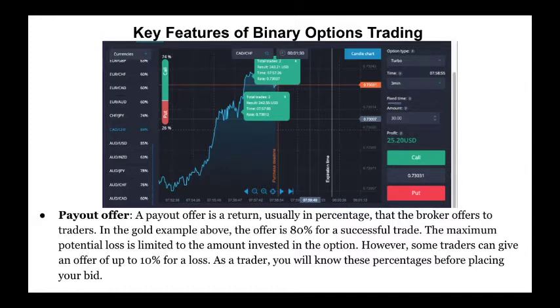The maximum potential loss is limited to the amount invested in that option. However, some brokers can give an offer of up to 10% on a loss. As a trader, you will know this percentage before placing your bid.